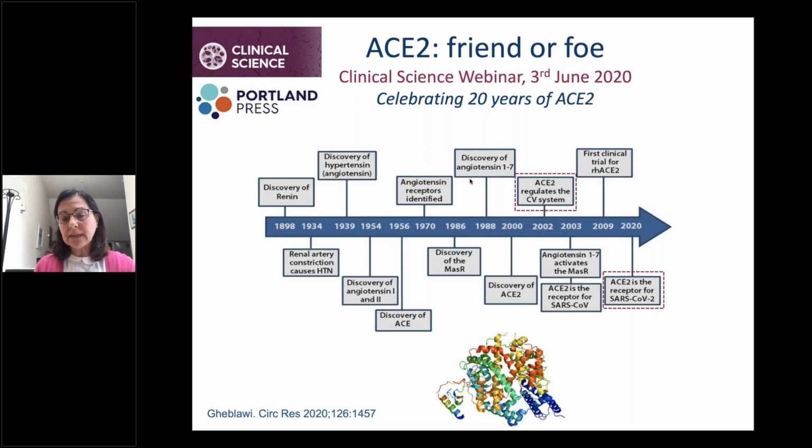Of major relevance, as I said, is the discovery of ACE2 in 2000. And today we are celebrating this discovery and the implications with respect to its role in pathophysiological processes, particularly in the cardiovascular system, and of relevance today with respect to the pandemic of COVID-19, the importance of ACE2 as a receptor for coronavirus 2.